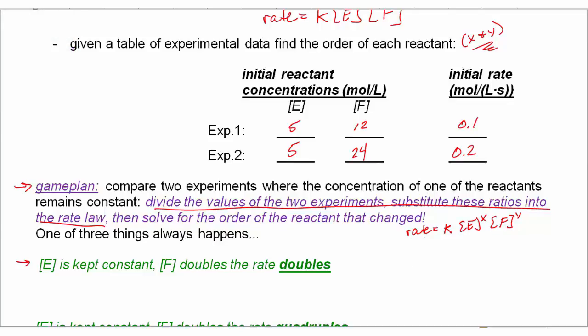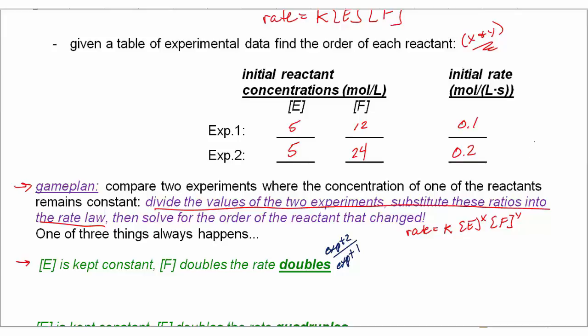Divide one rate by the other rate. It's always easier to divide the bigger by the smaller. So I'm going to divide experiment 2 by experiment 1. Then I get whole numbers, right? It'll be a lot easier.